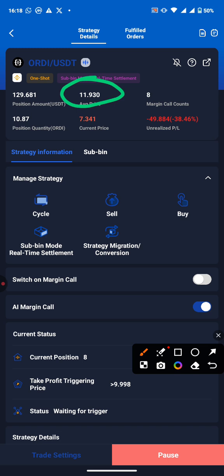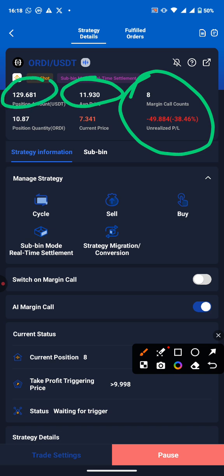Because the robot has been buying. When we are off, we are even sleeping, we are doing other stuff, the robot has been buying. You may check the first amount that I used to buy this coin.